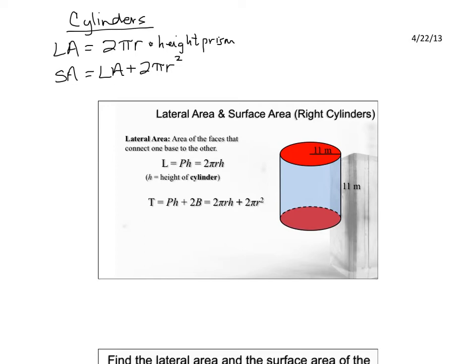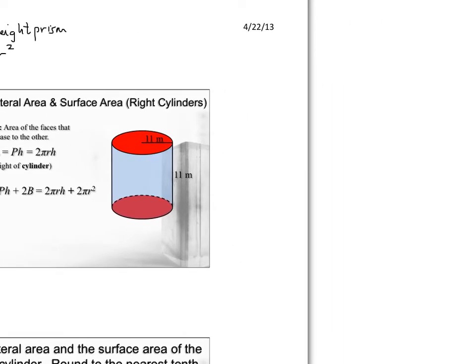We want to find the lateral and surface area of this example here. So, finding the lateral area, I'm going to use 2 pi r h. So, 2 times pi times the radius. Now, you'll notice on your sheet, you don't see this because this is darkened in on your sheet. So, you can put this on the bottom if you want.